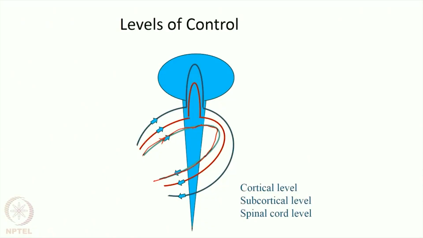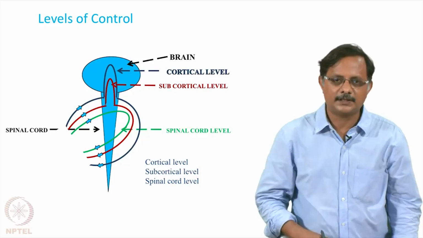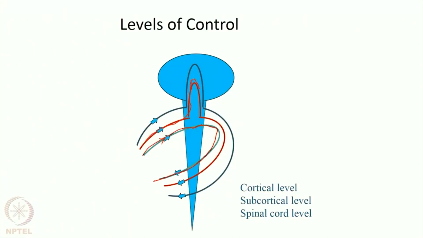Then there is a next higher level where sensory information goes all the way to the subcortical area. I will define what is cortex and subcortex very soon, but let us just say for now that cortex is the surface of the brain and subcortex is structures which are located deep inside the brain. So you go all the way to the subcortex and come back and produce movement.